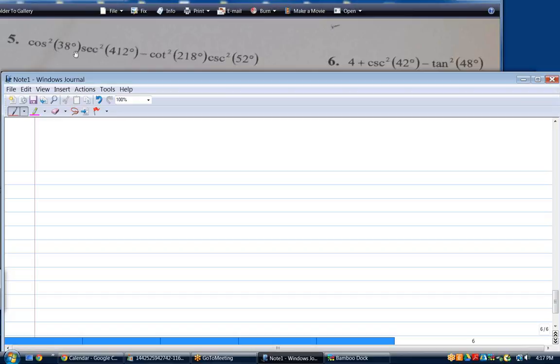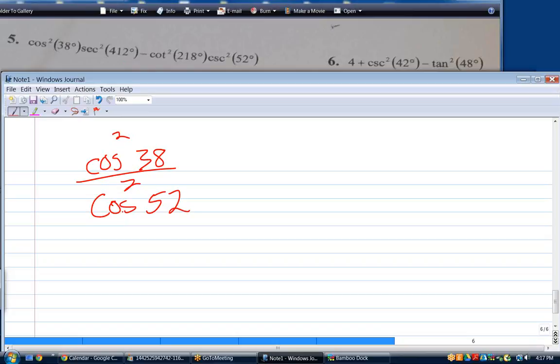Cosine. Right. So if I turn it into reciprocal, I immediately have the cosine squared of 38 over the cosine squared of 52.